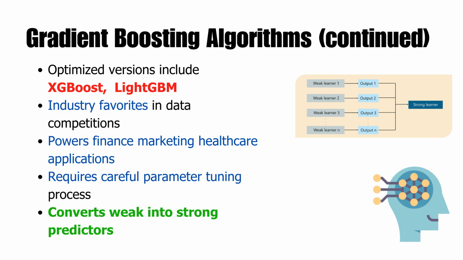The libraries are industry favorites, having won data science competitions and powering applications in finance, marketing, and healthcare. Though powerful, gradient boosting must be tuned very carefully, with parameters to avoid overfitting. Nevertheless, the capacity for converting weak models into extremely good predictors renders it a must-have tool in contemporary machine learning.